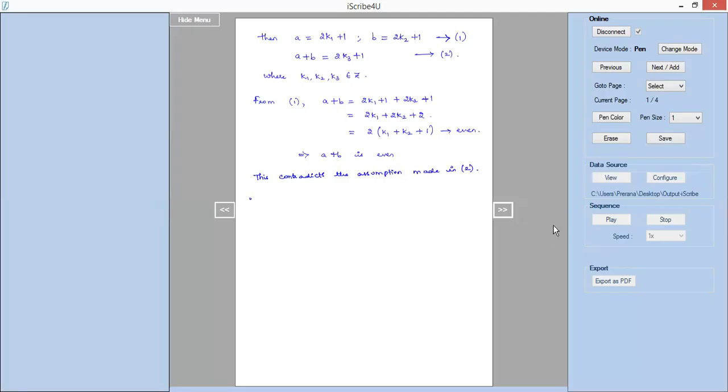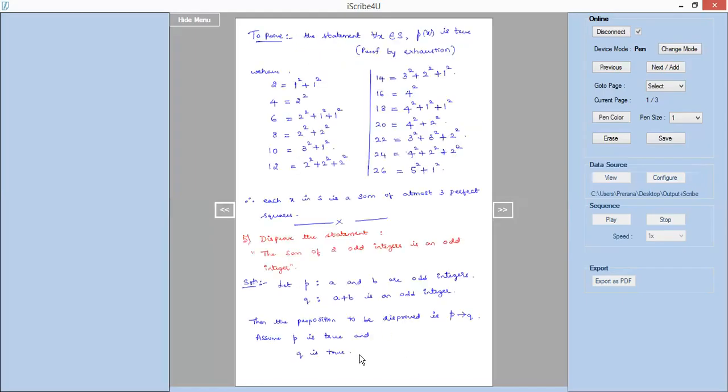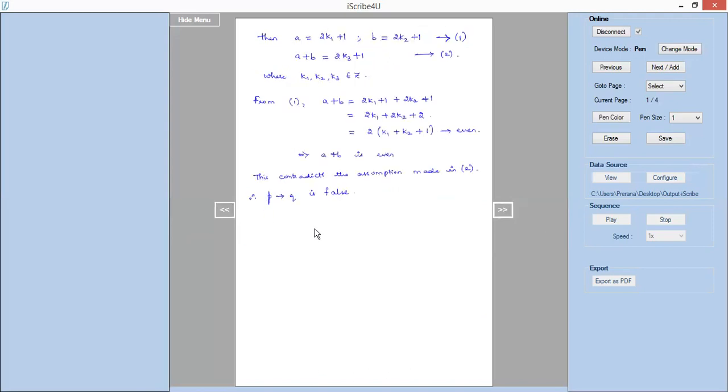Therefore, P conditional Q is false. We started with P conditional Q being true, with P true and Q true, and now we have arrived at P conditional Q being false. So this disproves the given statement.